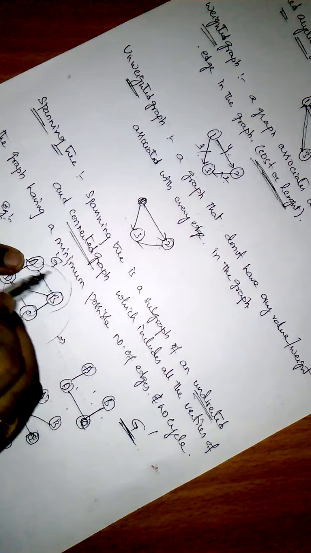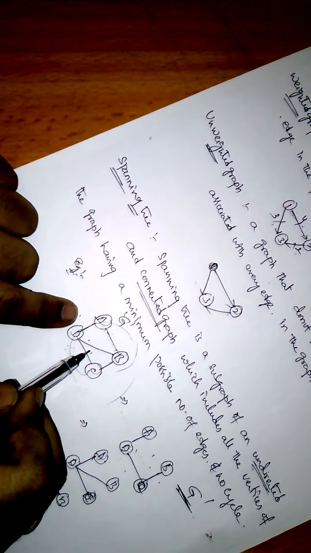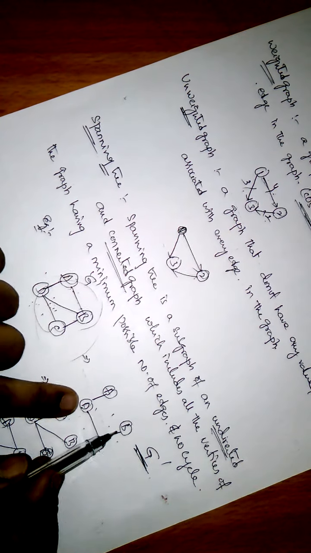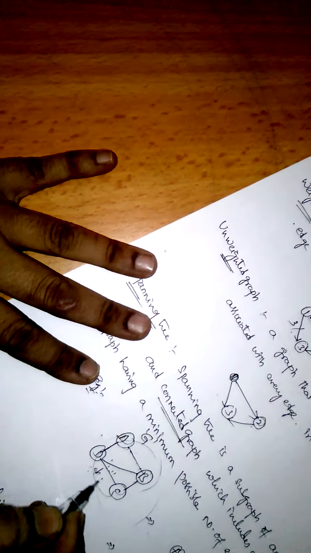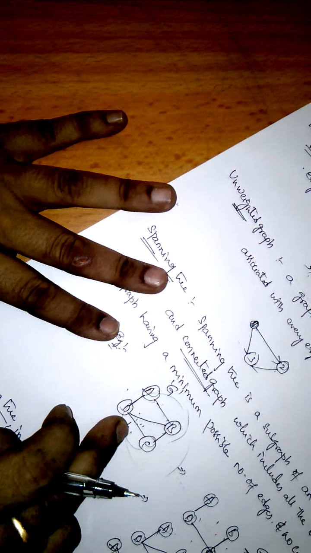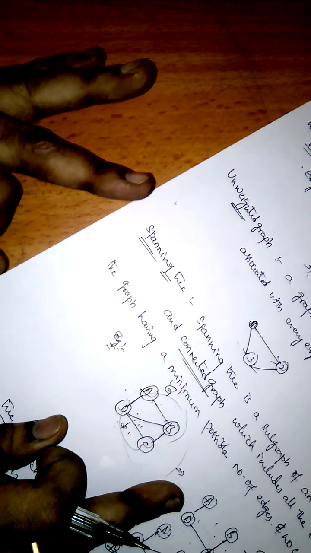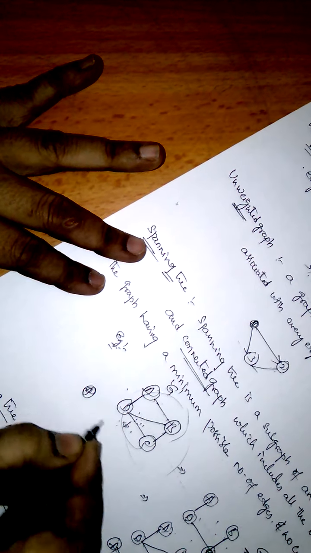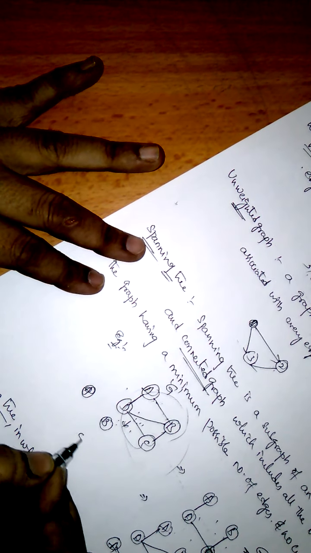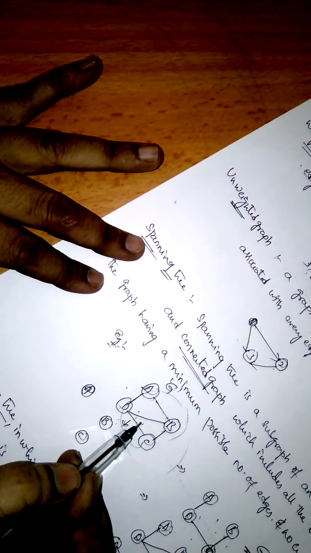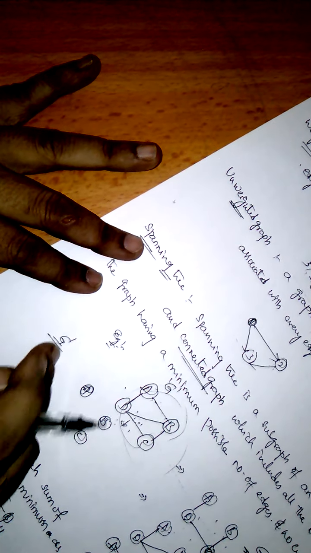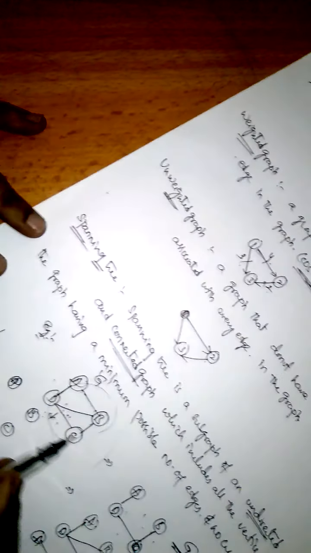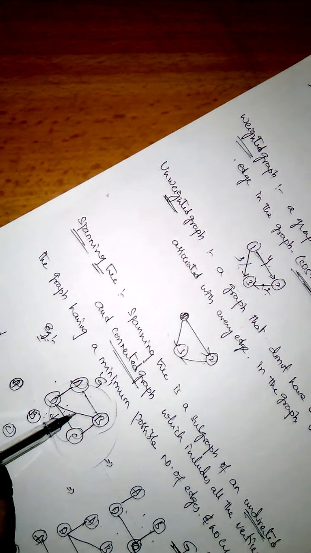Okay. Now we have to find the minimal spanning tree of this graph G. Then what we have to do? Take all the vertices. Suppose now I am drawing the minimal spanning tree. How should it be? It includes all the vertices and the minimal number of edges with no cycles. So I take all the vertices of graph G and find a graph G dash which is a minimal spanning tree. Graph G is undirected and connected.